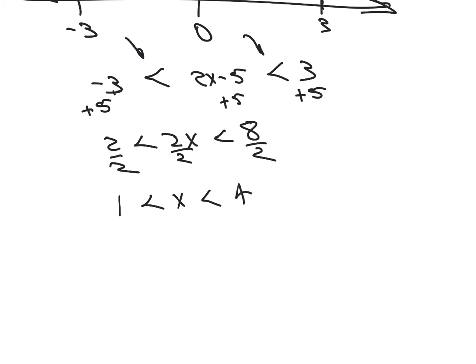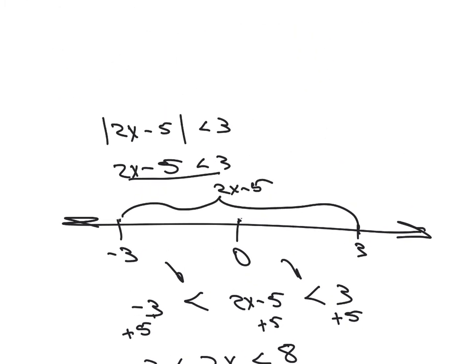So the graph of our solution set is 1, 4, and x is in between. We do not count 4 or 1 because we don't have an equal sign under there. And then we draw a line there. So that's the graphical representation of our original problem up here.